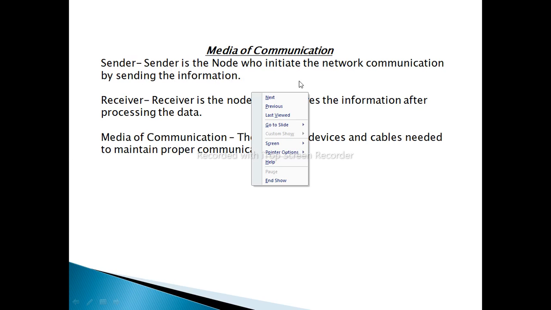Sender means the node which initiates the network communication by sending the information. When we get the term communication, as it is also included in the information technology chapter of class 9th and 10th of CBSE, communication means there is a sender who sends the information, there is a receiver who receives the information, and there is some medium of communication.